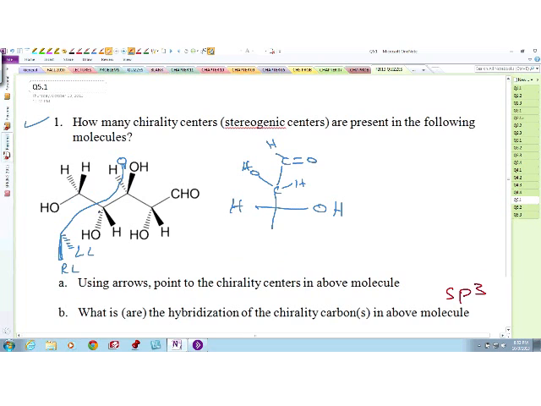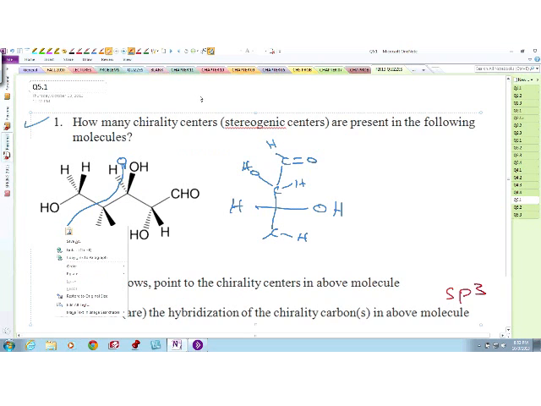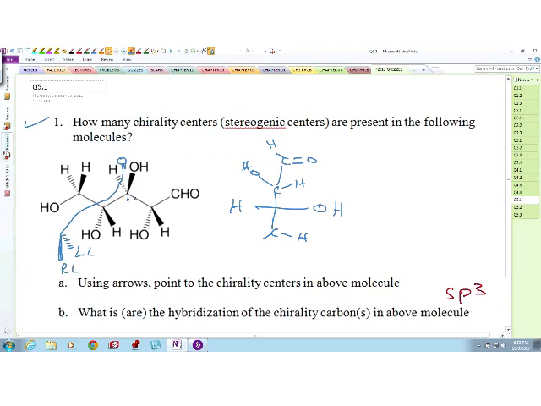Okay, below therefore will be the rest of the group right here. This H. At this point, my focus is only on this carbon. Keep in mind, I am focusing on this carbon. And this contains something else. We don't have to worry about that for now.